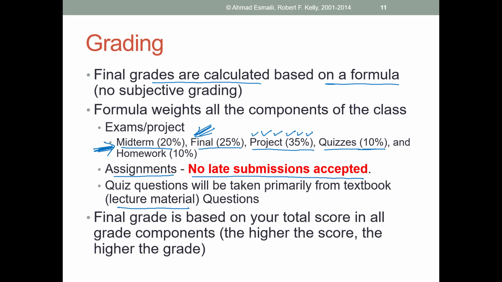I might change this formula because I remember I probably have another distribution. I need to check my syllabus. The homework should be 14%, I think, and the quizzes 6%. I'm sorry about that. I will fix it right after this lecture.